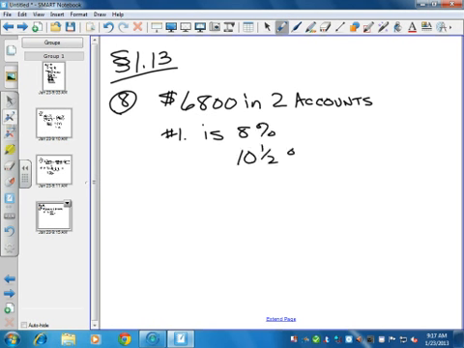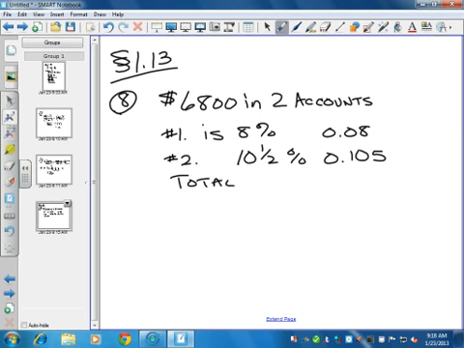Make sure when you convert those, we go back to the decimal. So 8% we'll write as 0.08, and 10.5% would be 0.105. We have these two, and the total interest earned from both accounts at the end of the year is $669.